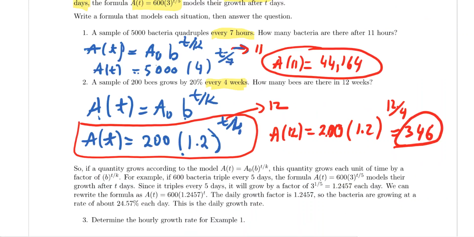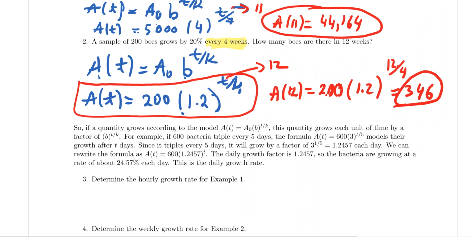All right, so if a quantity grows according to the model A of T equals A0 times B to the T over K, this quantity grows each unit of time by a factor of this. So if 600 bacteria triples every 5 days, it will go by a factor of 3 to the 1/5 each day.